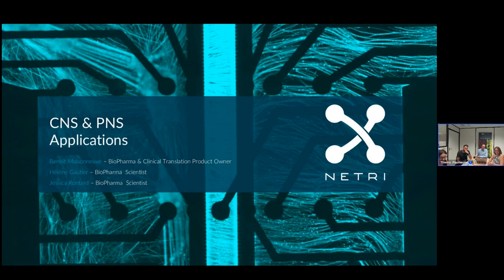So today we're going to discuss the latest information that we can share with you about the applications on CNS and PNS, and we have here to talk about it our expert fellows from the company. We have Benoît Maisonneuve on my right, we have Helene on my left, and we have Jessica also on my right.